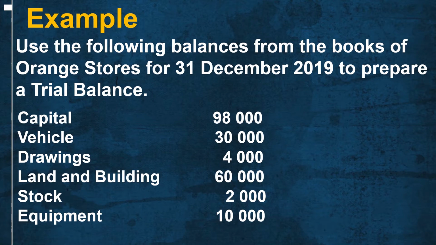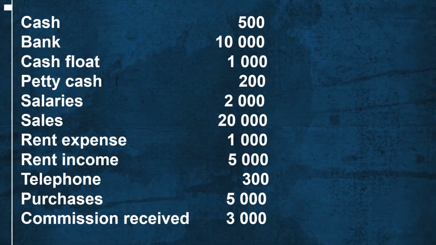Capital 98,000 Namibian dollars, vehicle 30,000 Namibian dollars, drawings 4,000 Namibian dollars, land and building 60,000 Namibian dollars, stock 2,000 Namibian dollars, equipment 10,000 Namibian dollars, cash 500 Namibian dollars, bank 10,000 Namibian dollars, cash float 1,000 Namibian dollars, petty cash 200 Namibian dollars, salaries 2,000 Namibian dollars, sales 20,000 Namibian dollars, rent expense 1,000 Namibian dollars, rent income 5,000 Namibian dollars, telephone 300 Namibian dollars, purchases 5,000 Namibian dollars, and commission received 3,000 Namibian dollars.